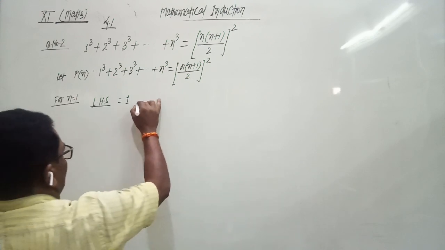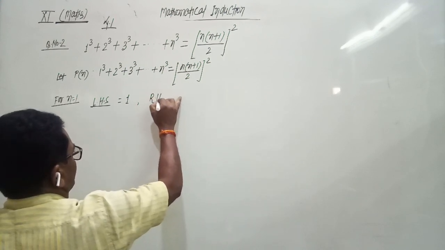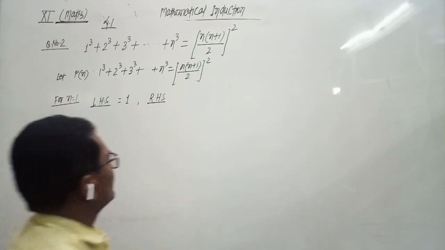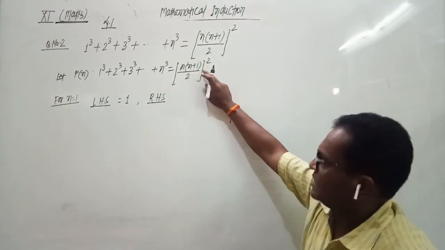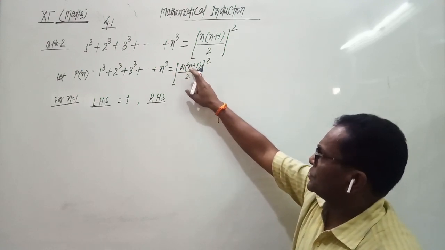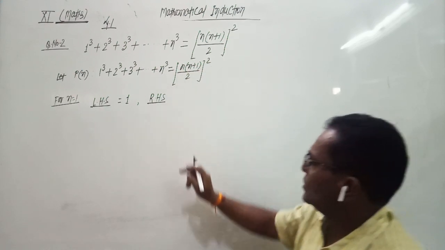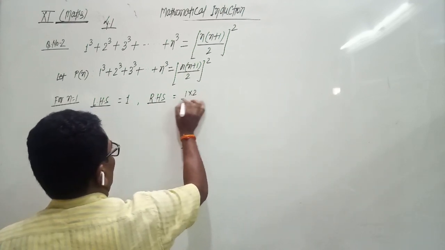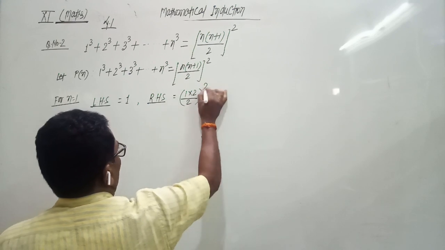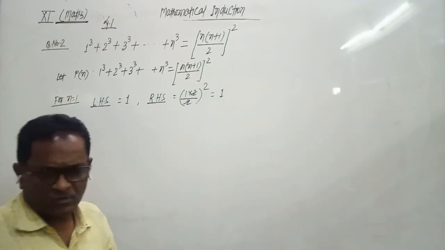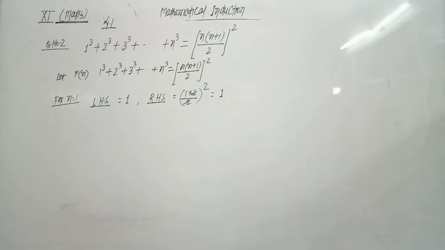So we get for n equals 1, LHS is 1. And for n equals 1, RHS is found by putting the value of n in the right hand side. So 1 into 1 plus 1, 2. So RHS will become 1 into 2 upon 2, the whole square. 2 and 2 cancel, and 1 the whole square comes 1.